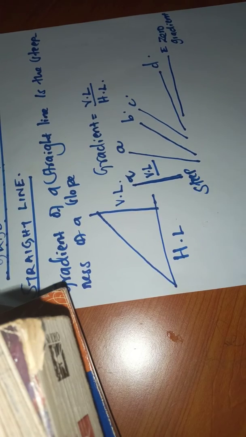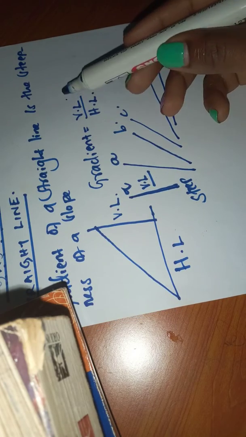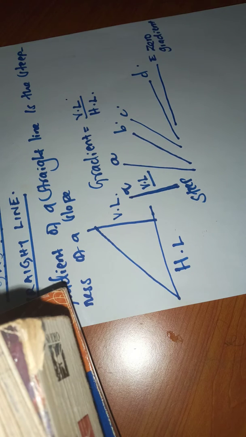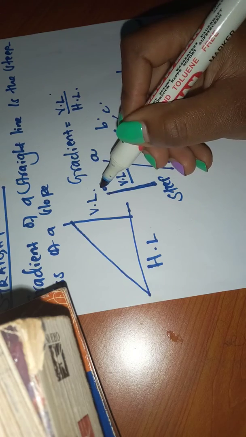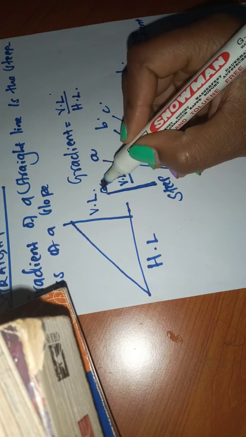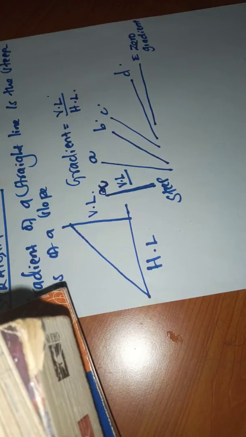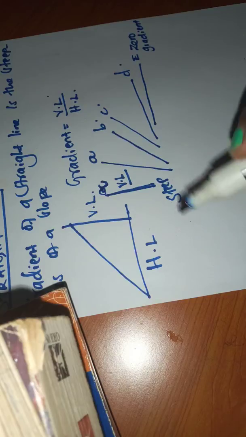And as I've said, the gradient should be equal to the vertical divided by the horizontal length. So this is my infinite slope, meaning that it cannot even be described as a slope but a vertical line.